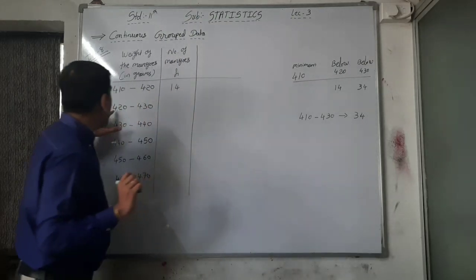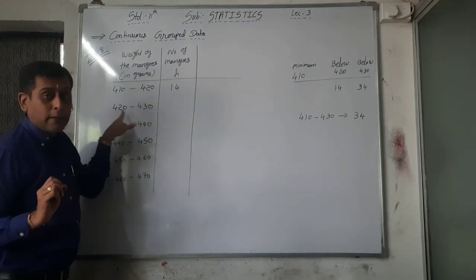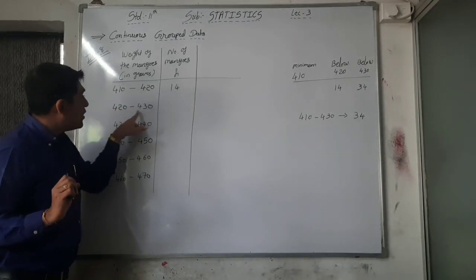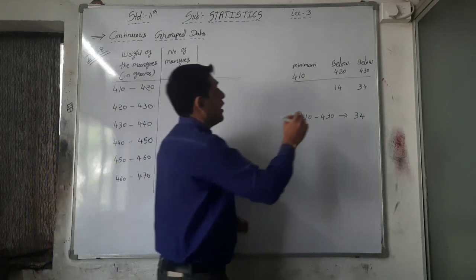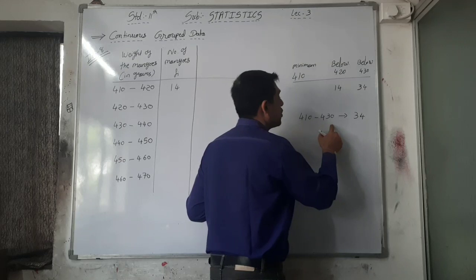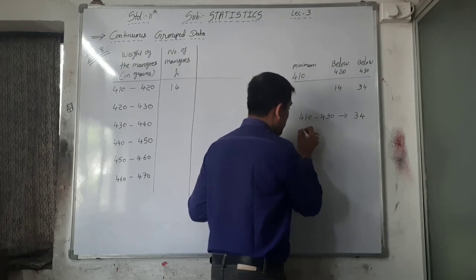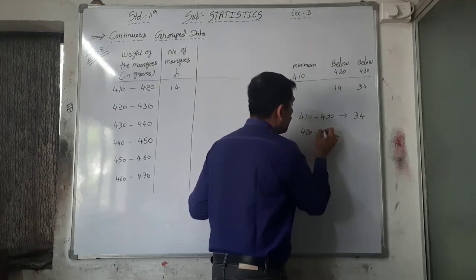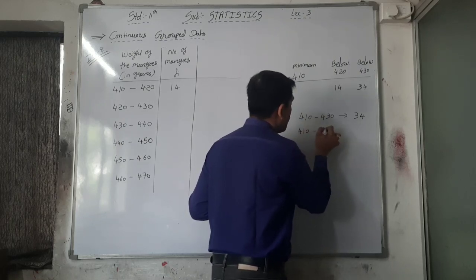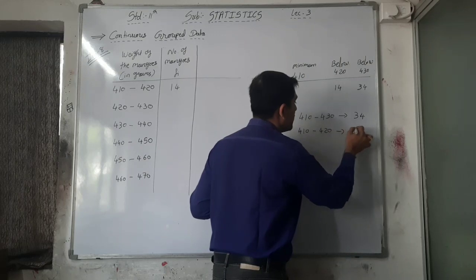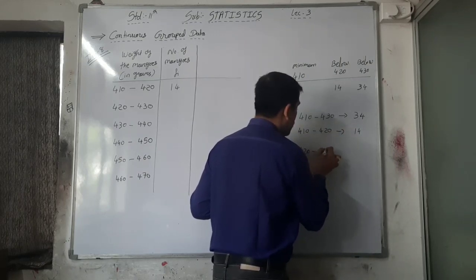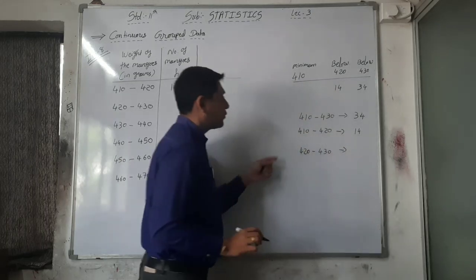But here I am writing 420 to 430. So whenever we have to find out between these two, you have to subtract, because this is 410 to 430 and we want 420 to 430. But we have 410 to 420 as 14.